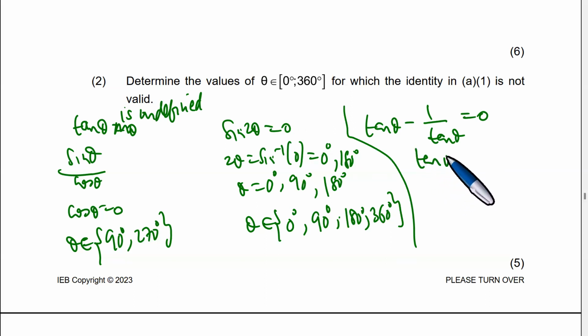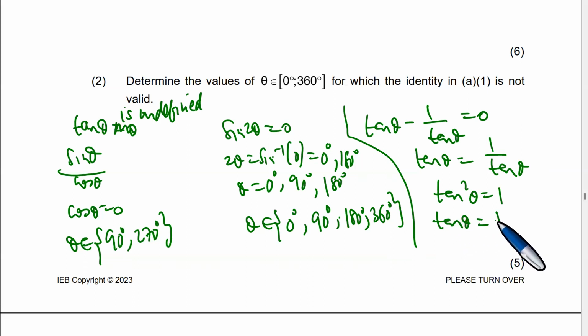So you can transpose and manipulate 1 over the tangent of theta. You cross multiply, which means tan squared theta is 1, and you take the square roots. That would mean tan theta is plus or minus 1.